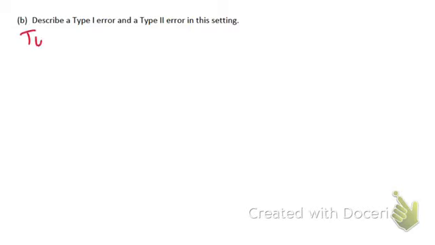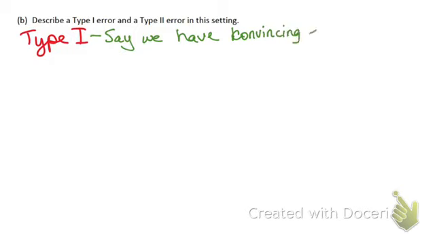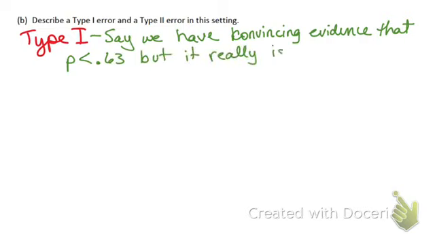A type 1 error. This is, we say we have convincing evidence that p is less than 0.63, but it really is not. What's the consequence here?